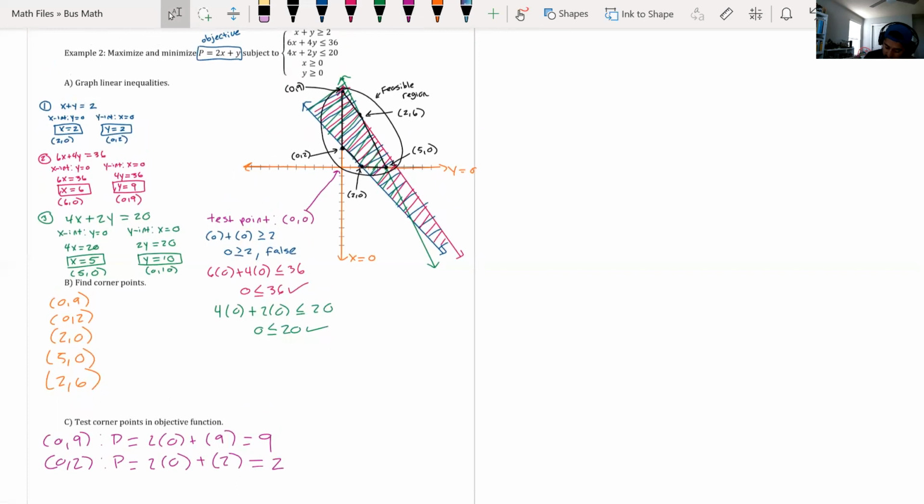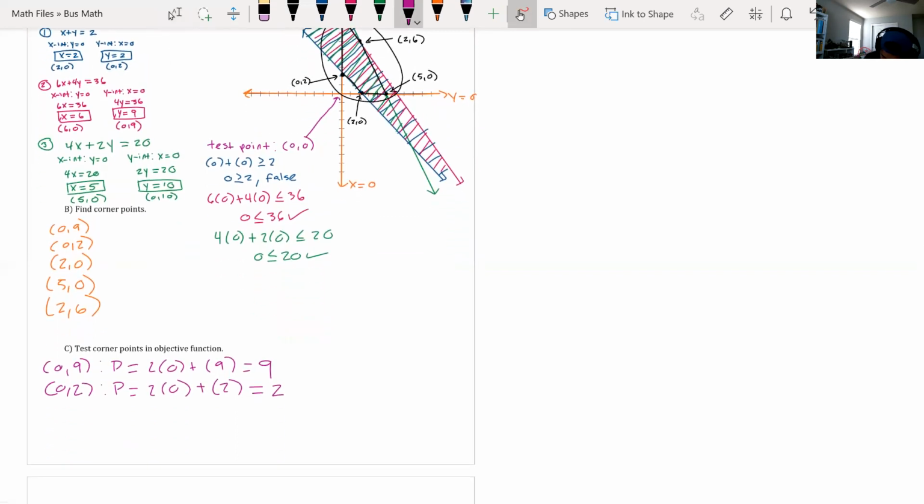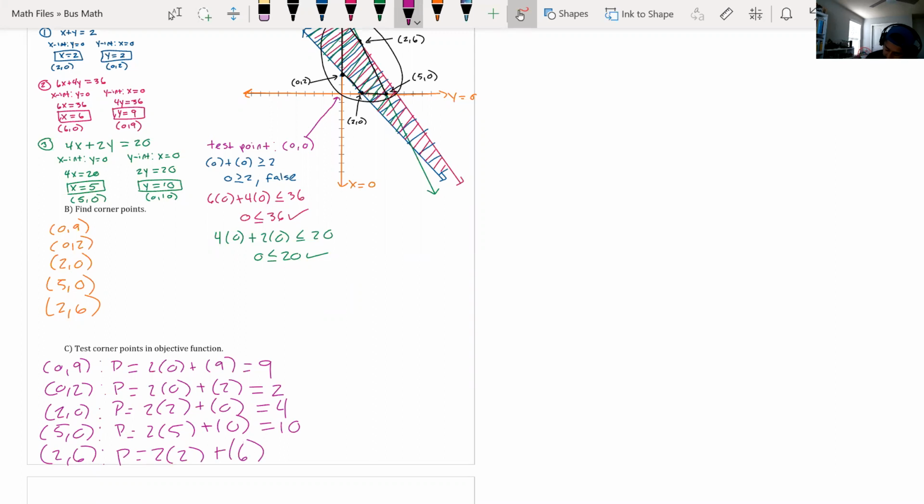And then 2, 0 gives me P equals 2 times 2 plus 0, which gives me 4. 5, 0 gives me 2 times 5 plus 0, which gives me 10. And then 2, 6 gives me P equals 2 times 2 plus 6, which will give me 4 plus 6, which will give me 10.